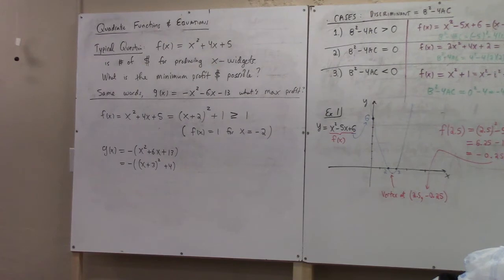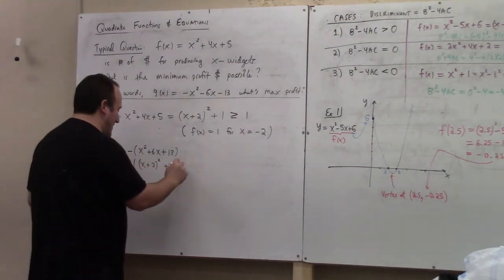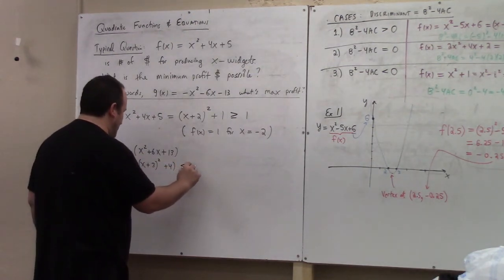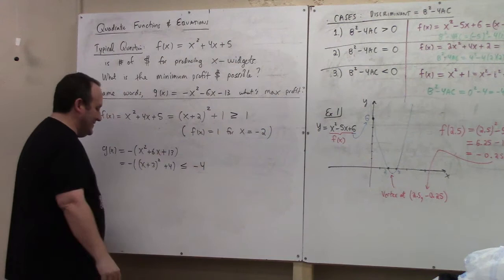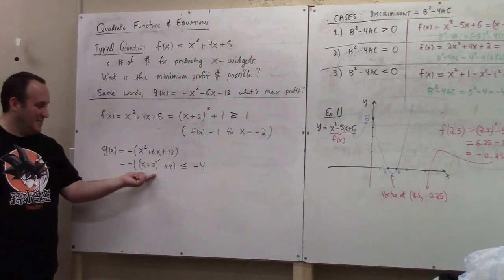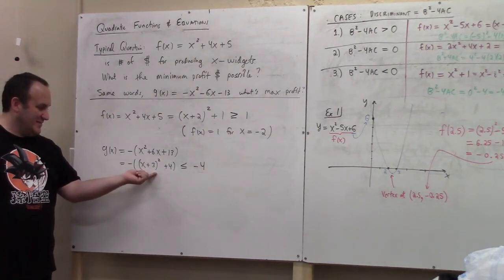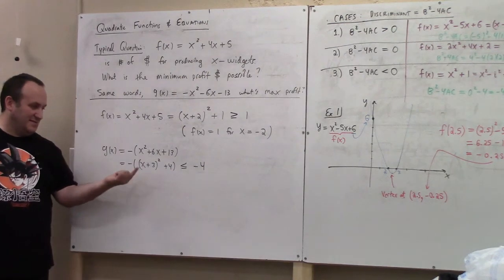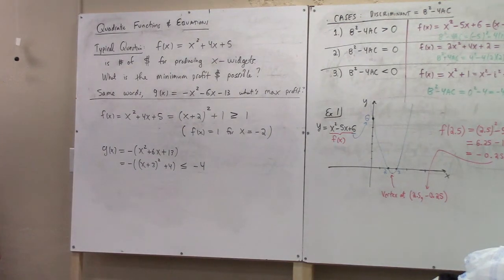Oh, man. So my maximum profit, this is less than or equal to minus 4, right? Because that could be 0, but generally speaking, it's going to be a positive number, and so this is going to be more negative than minus 4. So minus 4 would be the max profit here.